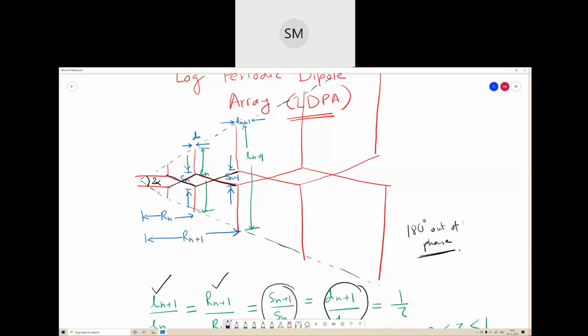Now, can you guess whether this would be broadside or end fire, and if it is end fire, in what direction the beam would point? Do you want to have a guess whether this antenna would be a broadside antenna or an end fire antenna?